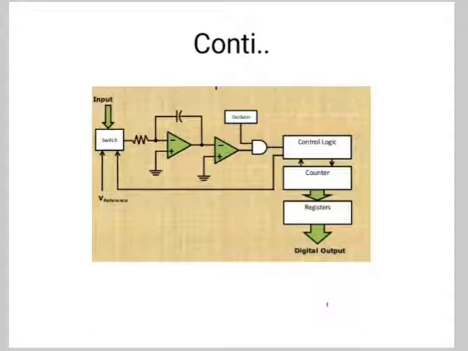This dual slope ADC is used in digital multimeters because of its high accuracy.